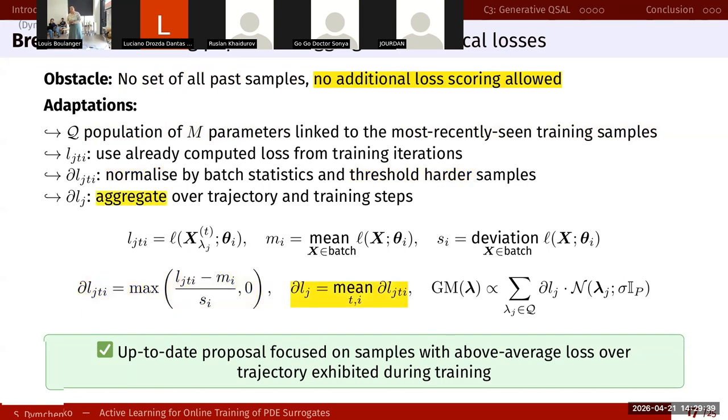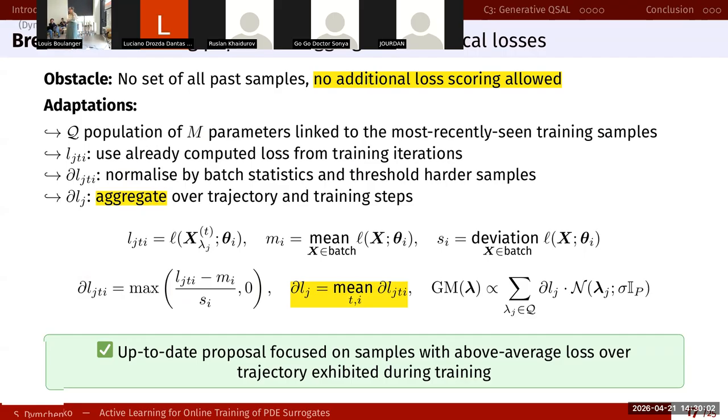And finally, the loss values now are produced for every state of the trajectory. And also, it can be that some state sample was seen by the neural network several times. So we have several loss values for one parameter lambda. So we just aggregate it by average.